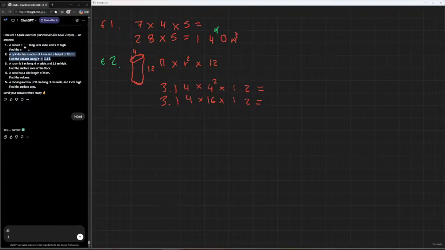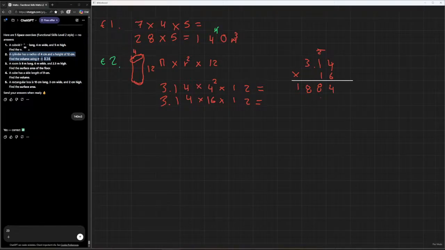Then I need to do this calculation, and I'm gonna do it here: 3.14 times 16. 6 times 4 is 24. 6 times 1 is 6. 3 times 6 is 18.